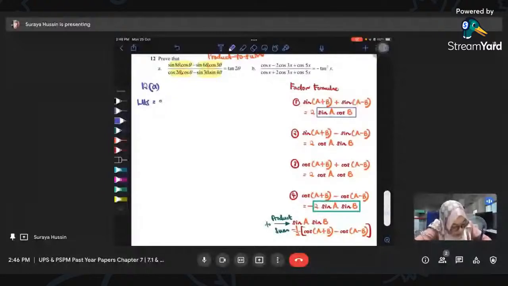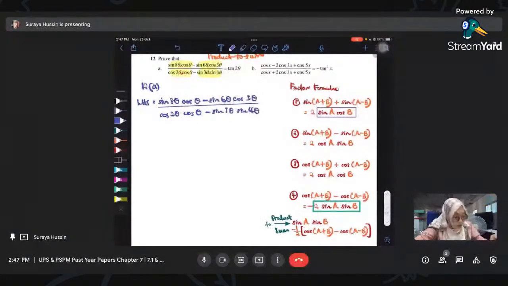So sine 8 theta cos theta minus sine 6 theta cos 3 theta over cos 2 theta cos theta minus sine 3 theta sine 4 theta. So equal it to the first part.